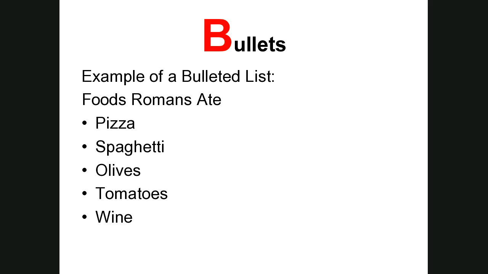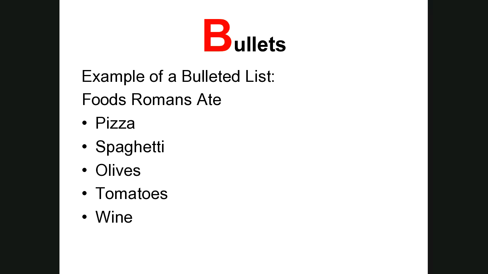The first idea is to use bullets. An example of a bulleted list would be if you're reading an article about foods that Romans ate. You would make a list using bullets, putting the title, Foods That Romans Ate. I'll underline that here for you.